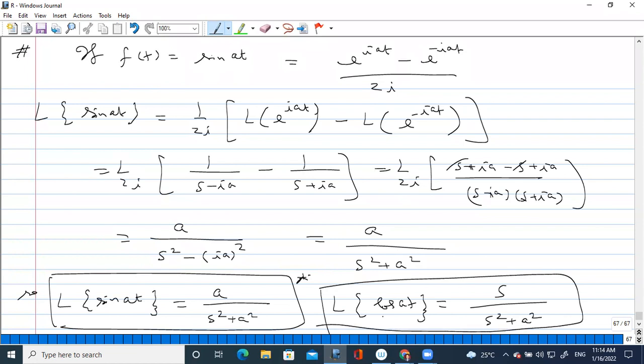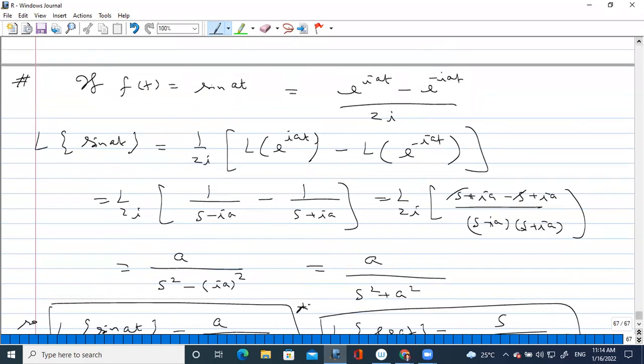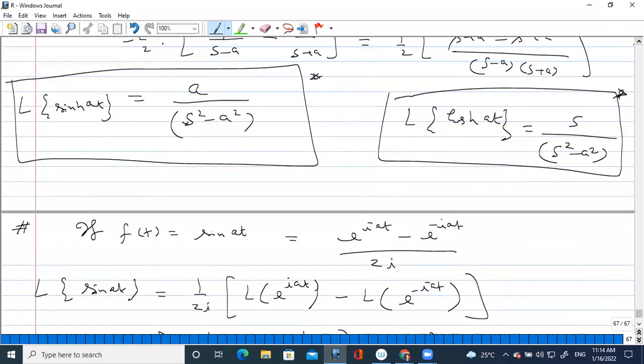And now see, this is plus, so there is no problem. But in hyperbolic, one more condition will be there. In hyperbolic, because in the denominator we have a minus term, s should be greater than a, this should be the condition.